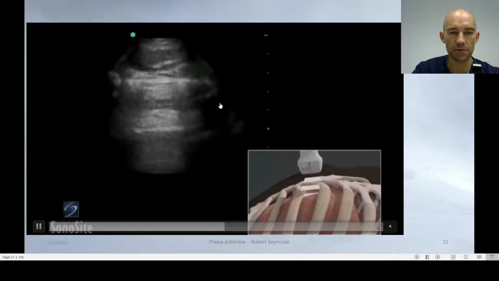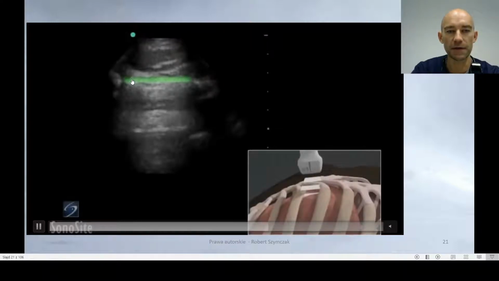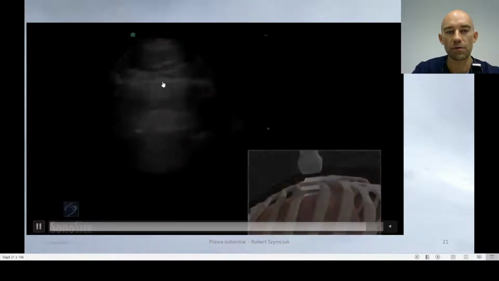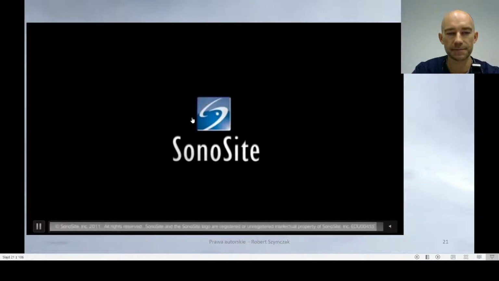So those are the ribs, and this is the hypoechogenic ribs. Here we've got the pulmonary pleura, which moves when the patient is breathing, so you can see this movement, and it's called sliding of the pleura. And when you see the sliding of the pleura, it means that there's no gas between the thorax wall and the lung, so it excludes the pneumothorax.